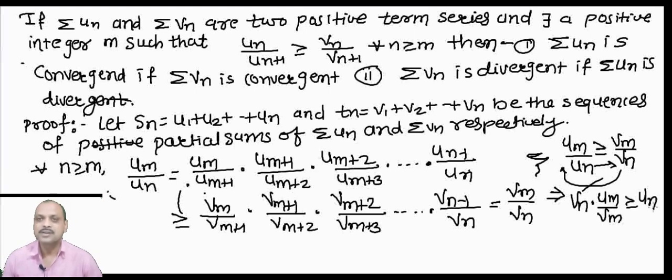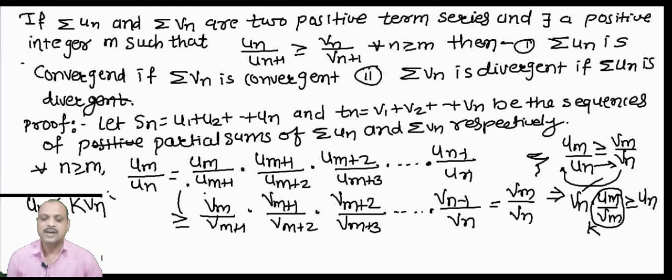Um is a fixed term, Vm is a fixed term, so their division is also fixed. Suppose it is k, then we get un is less than or equal to k times Vn. So we arrive at the comparison test of the first kind, and hence we can apply the comparison test of the first kind, which is known to us.